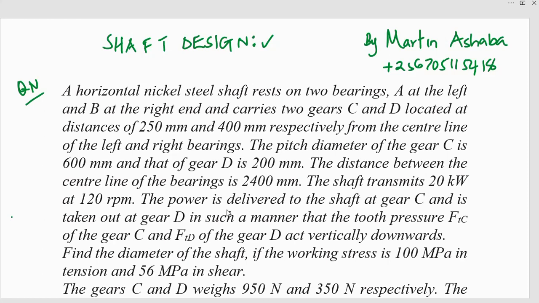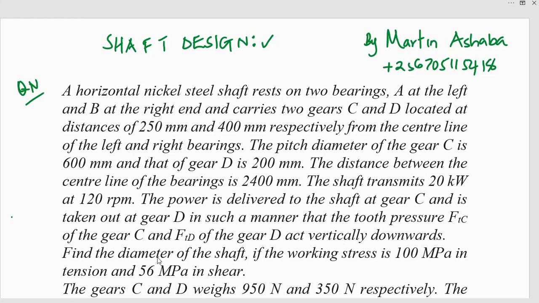The power is delivered to the shaft at gear C and is taken out at gear D in such a manner that the tooth pressure FTC, that is the tangential component of the normal force that exists between the two gear teeth, and the FTD of gear D act vertically downwards.